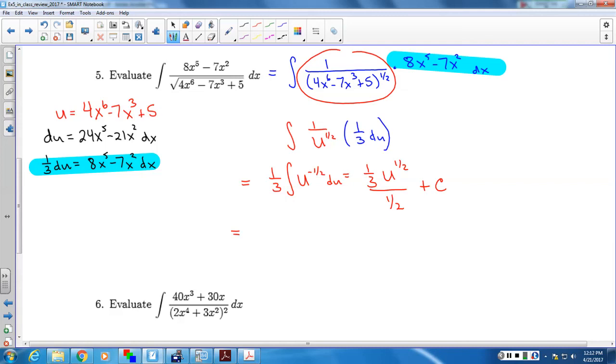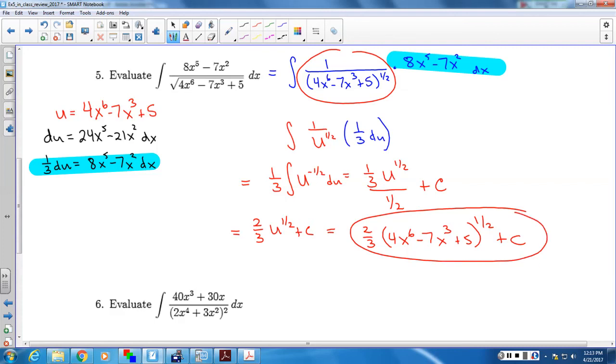Dividing by half is the same thing as multiplying by 2. So I have 2/3 u to the half plus c, and I need to put my u back in. There's my answer.